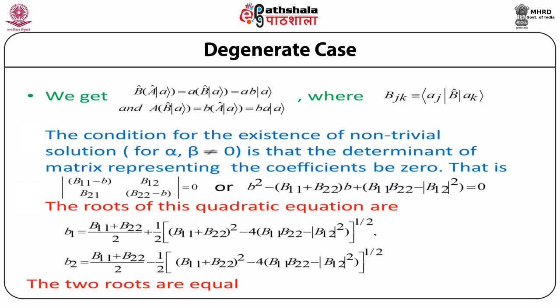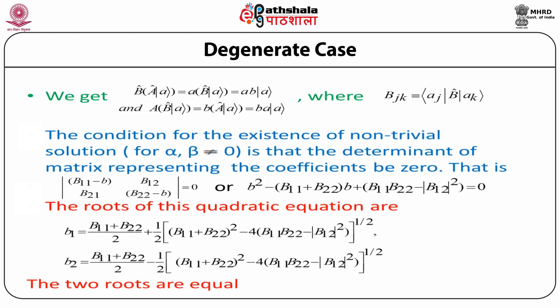Solving this determinant, we get the equation B square minus (B11 plus B22) times B plus (B11 times B22 minus modulus square B12) is equal to 0.